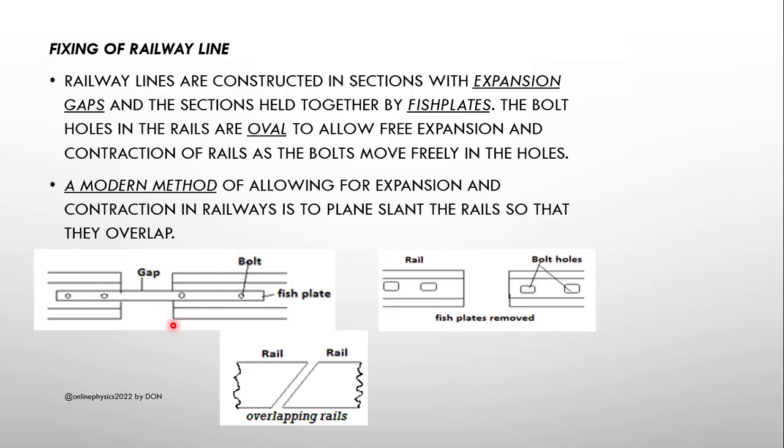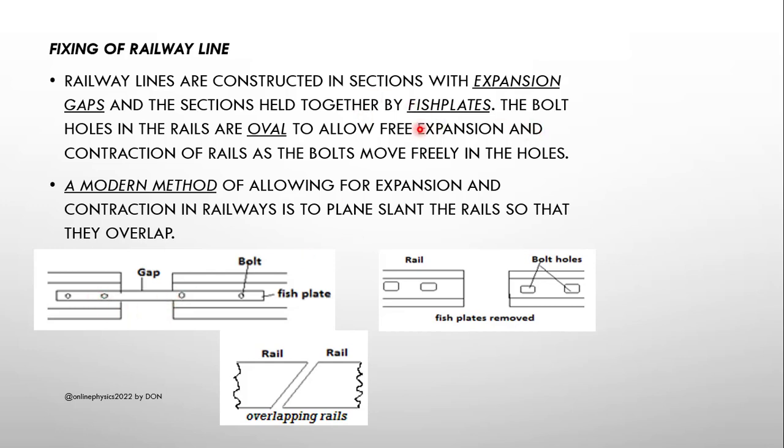Looking at this first figure here, we have a gap left between this first plate and the second one. Looking at this fish plate that is connecting the two, there is a gap that has been left here, and then we have bolts fitted at this particular point.